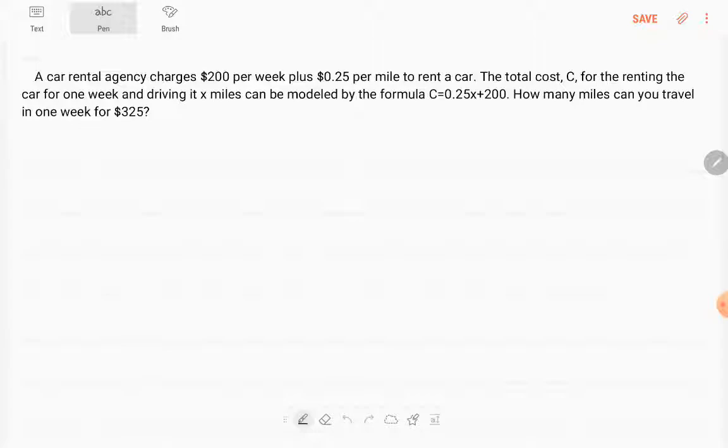So that means we know C is given by 0.25 times X plus 200. This is the linear equation between the total cost and the X miles. Now we know the total cost is 325. How many miles can you drive for this cost?